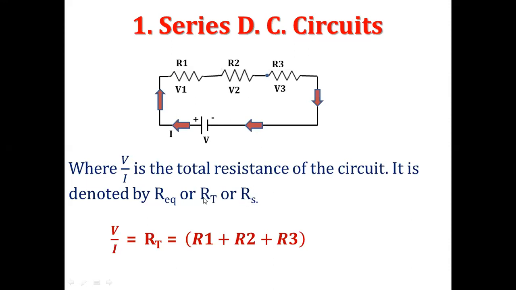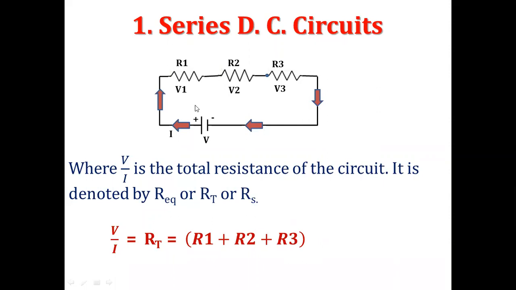RT is nothing but total resistance. R equivalent means equivalent resistance of this circuit. We can use any of them: R equivalent, RT and RS. I will use RT only. V by I equal to RT, which is R1 plus R2 plus R3.